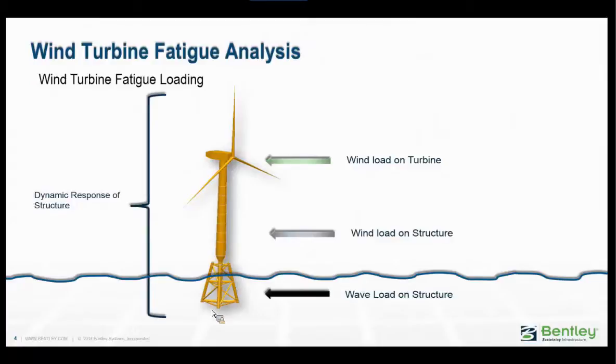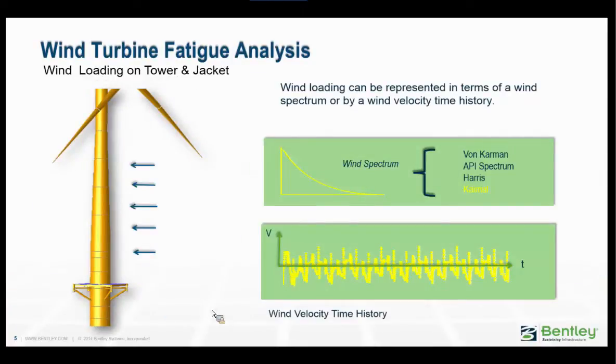A typical wind turbine is subject to three sources of loading, and this includes the wind load on the turbine, the wind load on the structure, and the wave load on the structure. In SACS itself, the wind load can be represented in terms of either a wind spectrum or by a wind velocity time history.